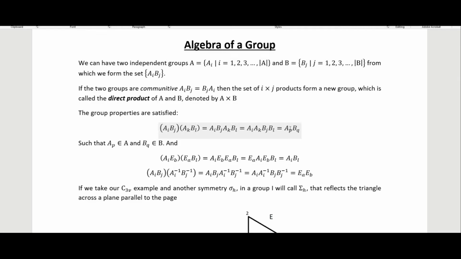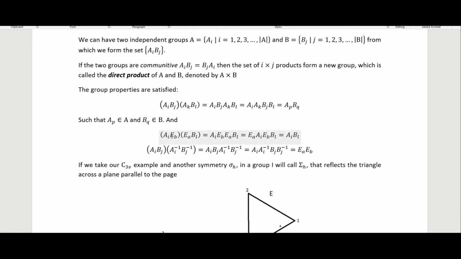And then we have this A sub P, B sub Q here, where both of those are elements of their respective groups. Then I show here that we can do that with the identity element. So we get the identity elements here. We can move the identity elements around because we said it was commutative, and so we just get our A sub I and B sub L back again.